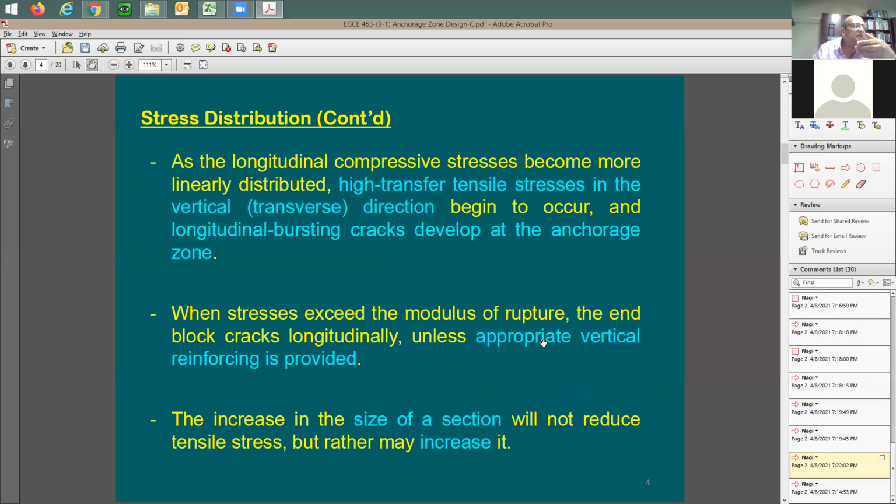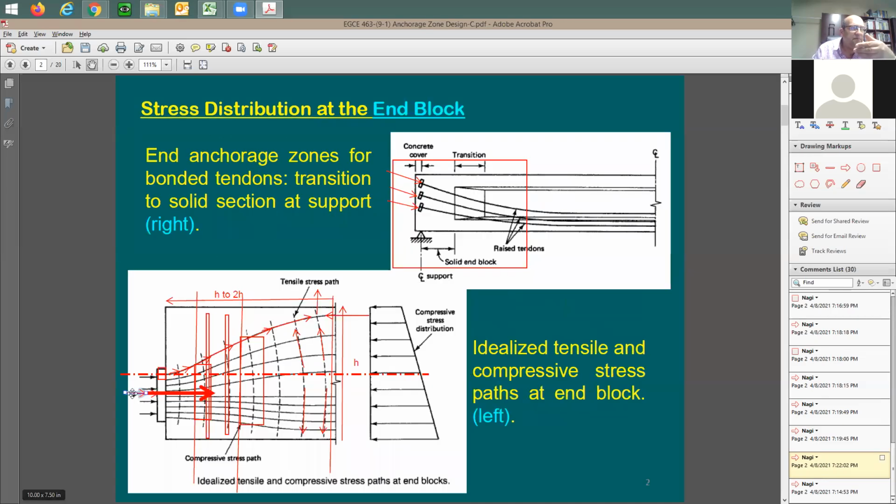Why? Because the entire plate is just loaded from outside, so you don't have this transfer length. You have this transfer length when you have the pre-tension. But when you have the post-tension, this load is applied from outside of the beam, and the stress distribution is going to take a shape like this, but it's all concentrated outside of the beam itself.